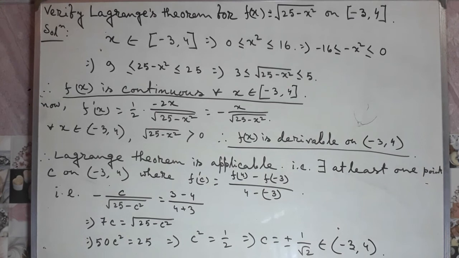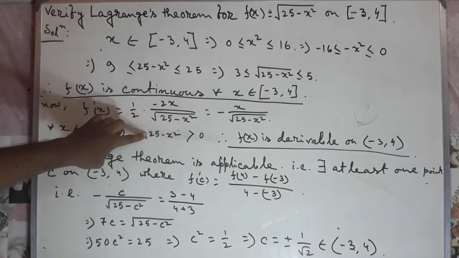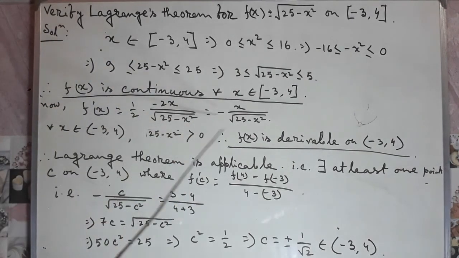But you see, for all real values of x belongs to the open interval minus 3 comma 4, this 25 minus x square is greater than 0. That means the square root of 25 minus x square exists. So f of x is derivable on this open interval minus 3 comma 4.